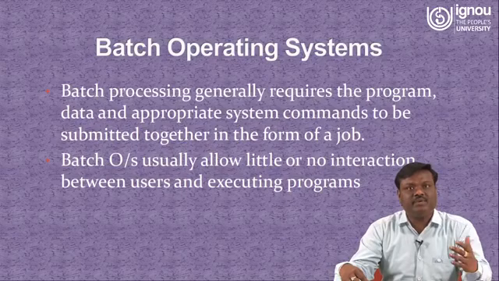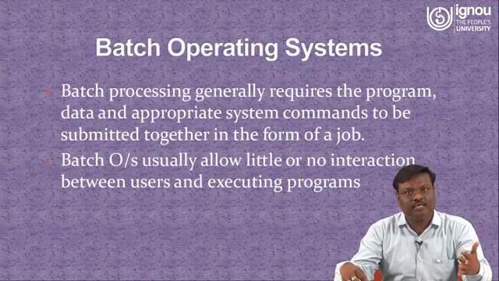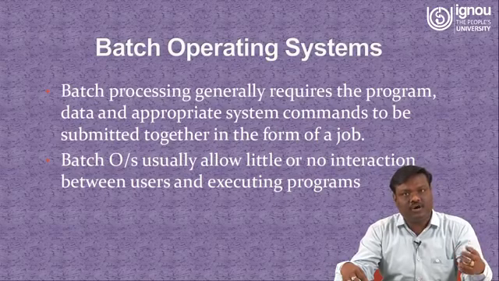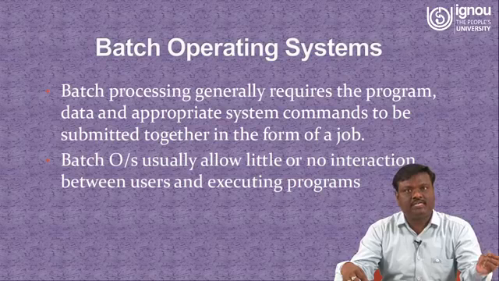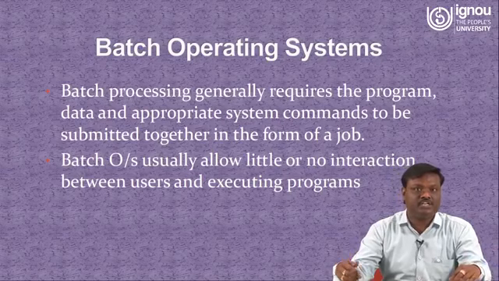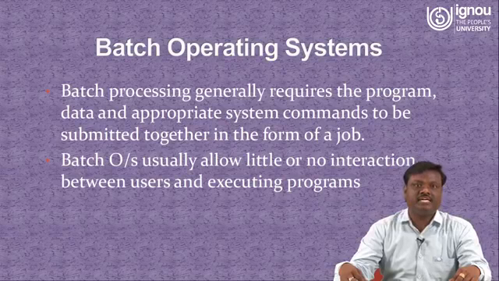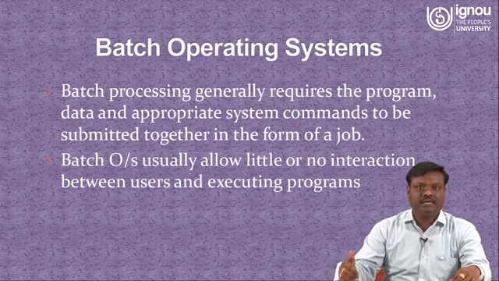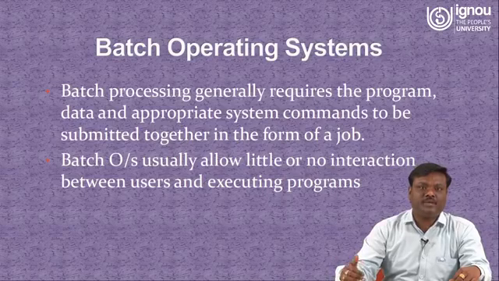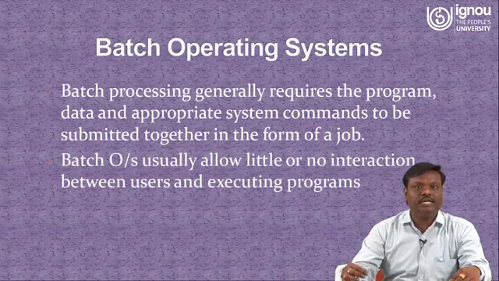Once they are submitted to the system, the batch job starts automatically and continues for all the records, whether it is a print command or the generation of pay slips. It does it for all the records and then comes to an endpoint.